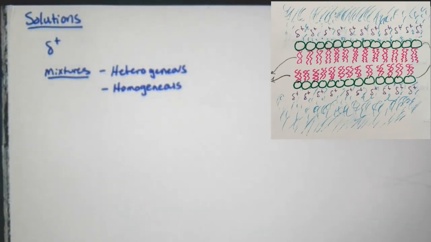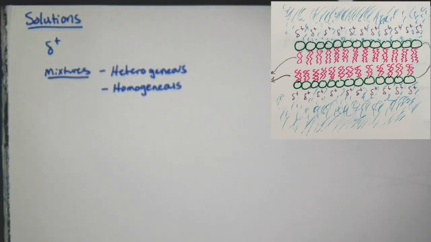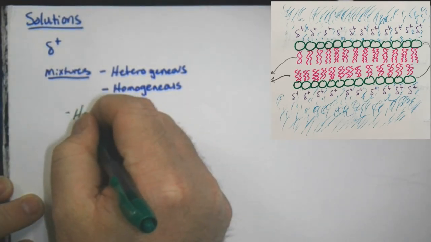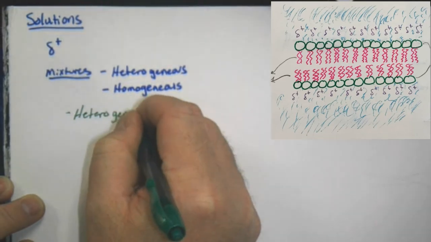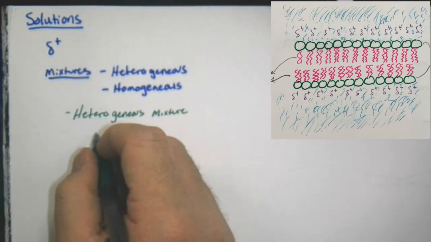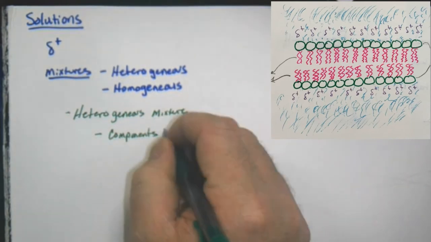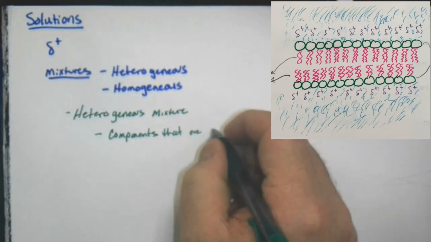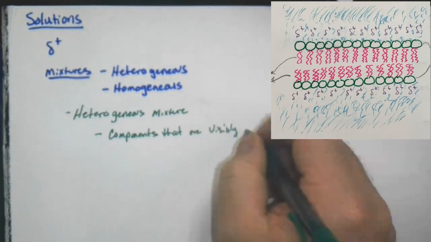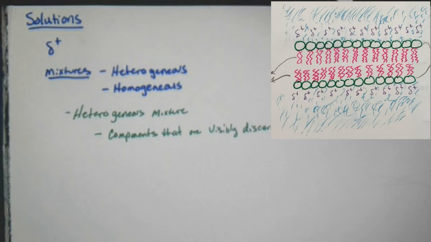All right, a heterogeneous mixture has components that are visibly discernible.